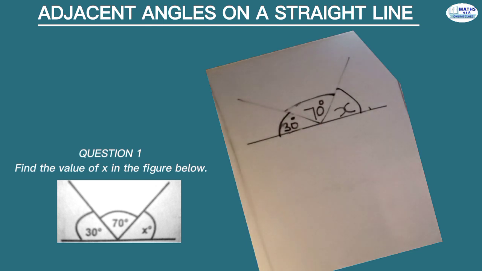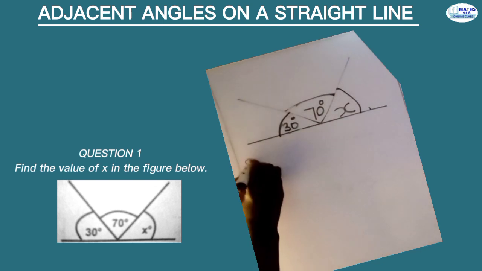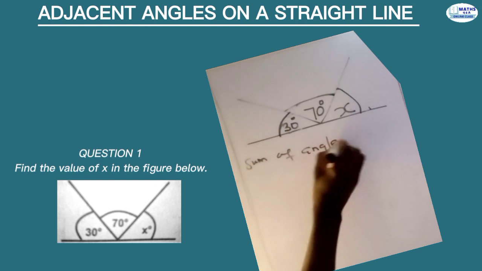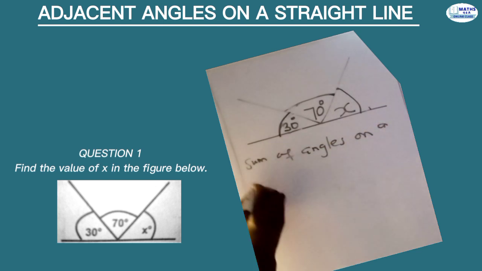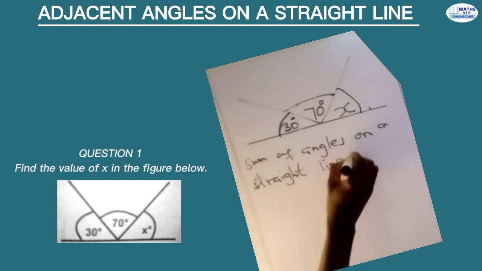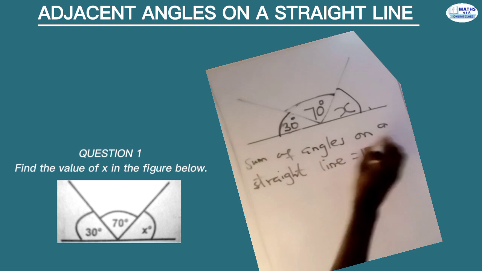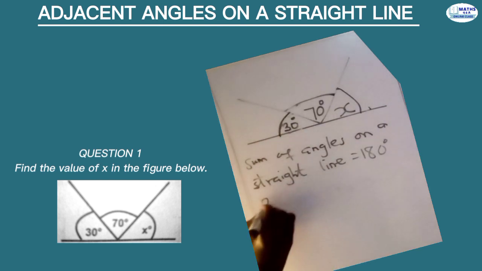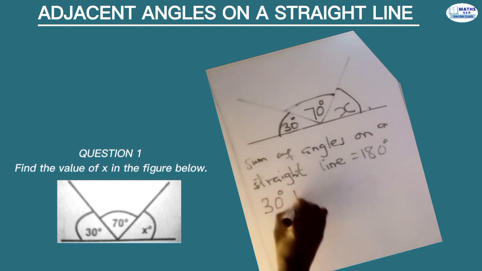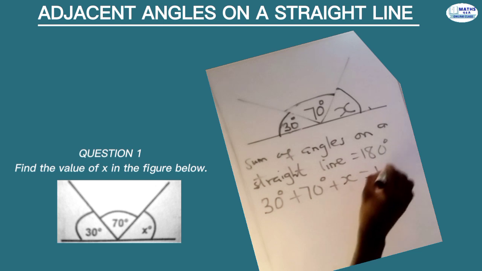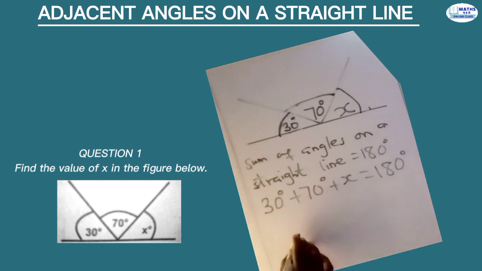So what you're going to say is that sum of angles on a straight line is equal to 180 degrees. When you are done, then you write all the angles, 30 degrees plus 70 degrees plus x, then you equate them to what? 180 degrees.